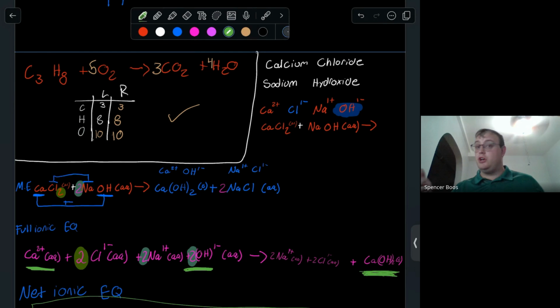The word equation is saying calcium chloride reacts with aqueous sodium hydroxide to yield aqueous sodium chloride and solid calcium hydroxide. Then you go into your balanced molecular equation, then your full ionic equation, then your net ionic equation.